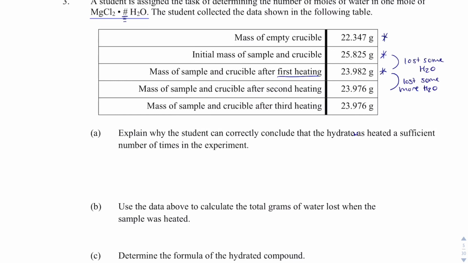And since I lost some more, maybe there's still some in there. So then I heat it again. And then I did not lose any more. So what that means is that between trials 2 and 3, because no mass was lost, all the water can be assumed to have been evaporated away.